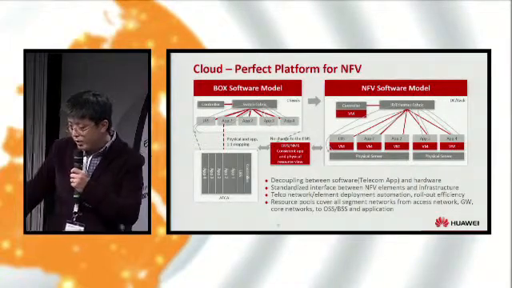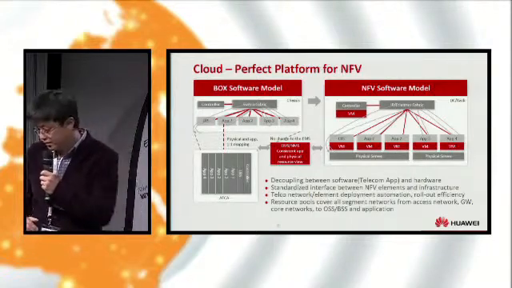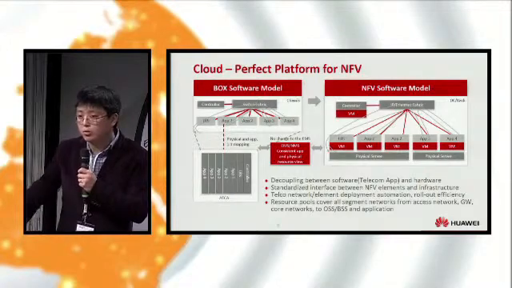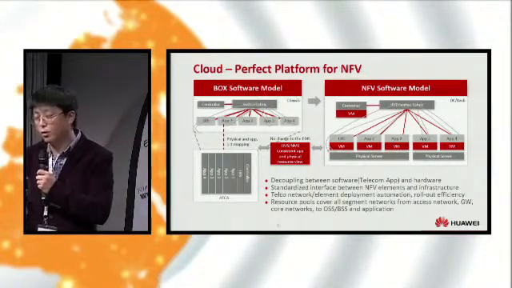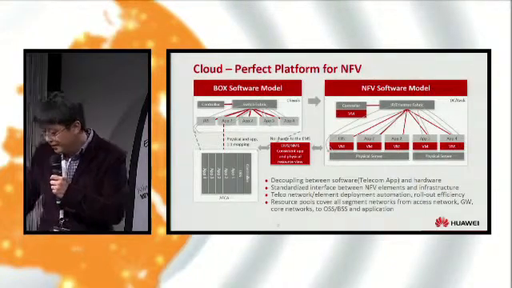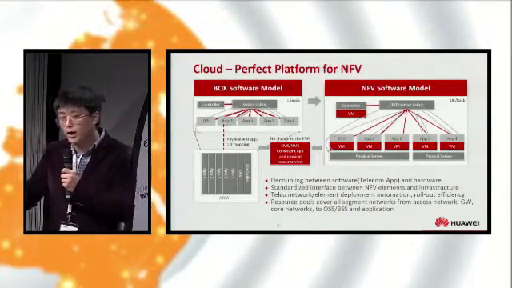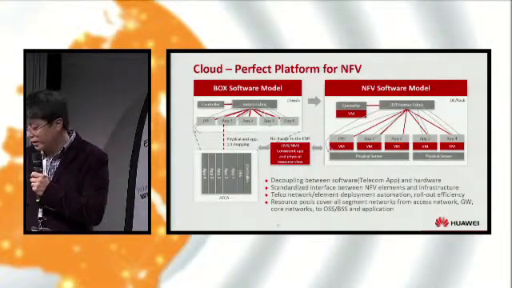But right now, if we have this virtualized network function around, if we can run it on a pool of resources, we basically say that that's a cloud. So we can decouple the software from the underlying blades, the underlying hardware, right?